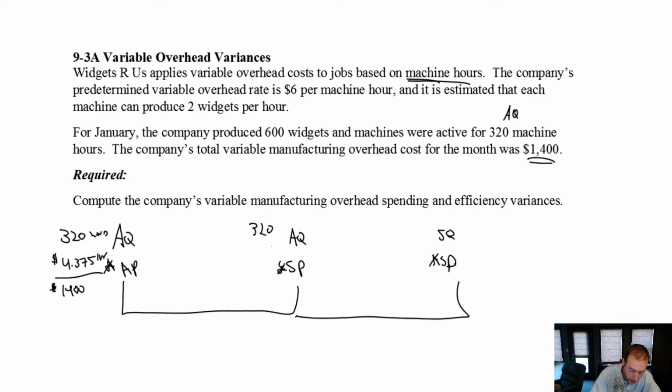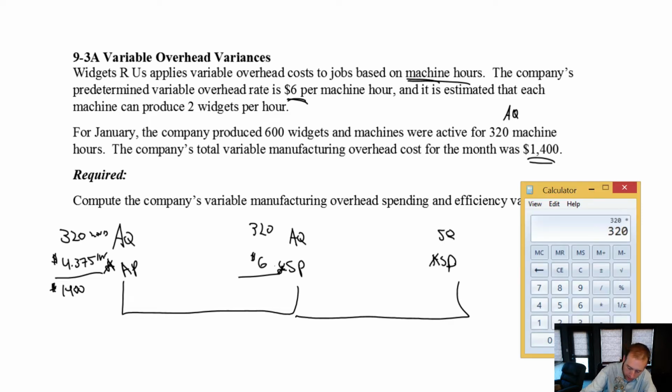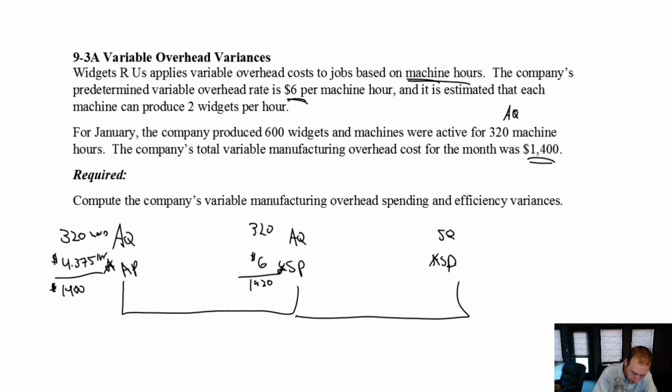Had we paid our standard price of $6 per machine hour, it would have ended up costing 320 times 6, $1,920. A difference of $520. Now, we've got to say to ourselves, is this a good difference or a bad difference?